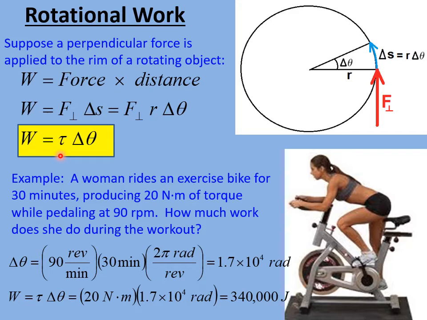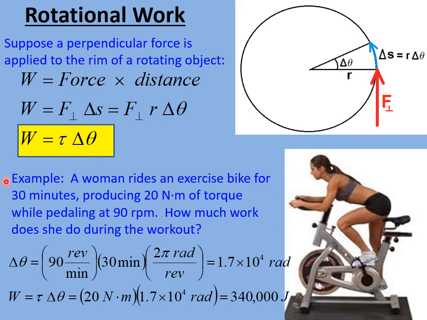Remember that force gets replaced with torque when we talk about rotation, and distance or displacement gets replaced with an angular displacement, delta theta. So just by making those substitutions, we have a formula for rotational work. Rotational work is equal to torque times the angular displacement.